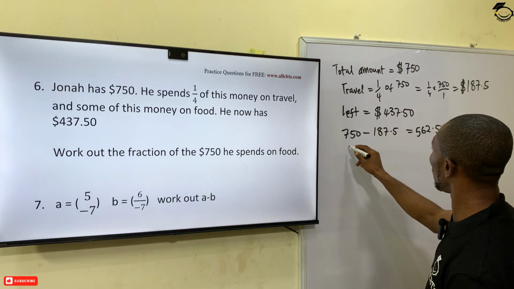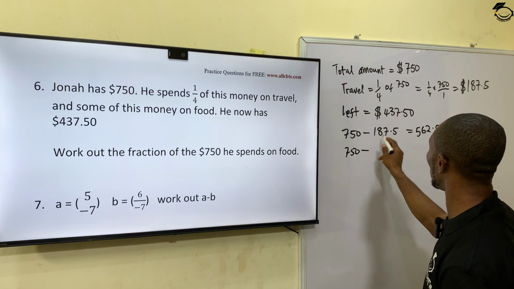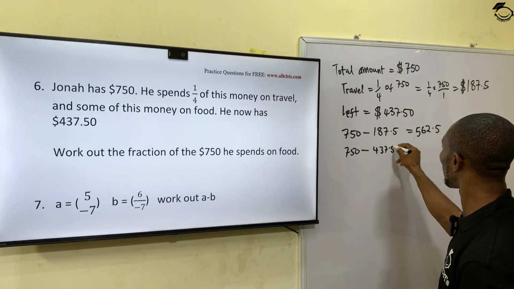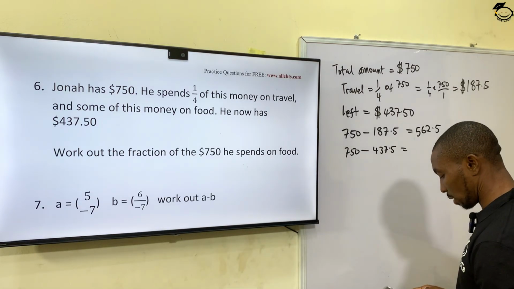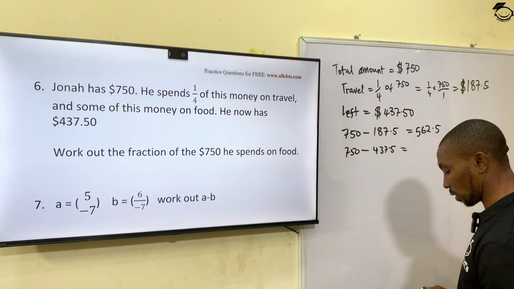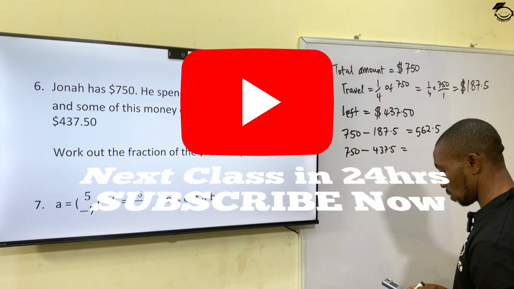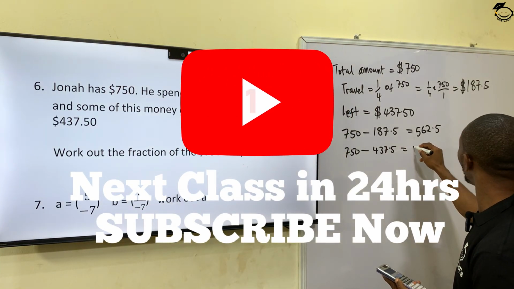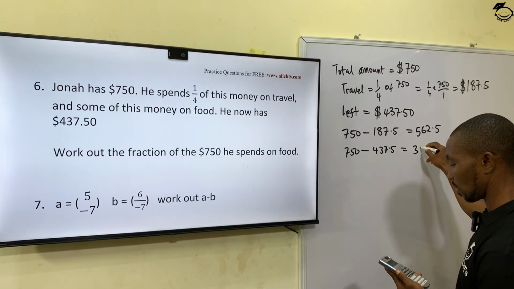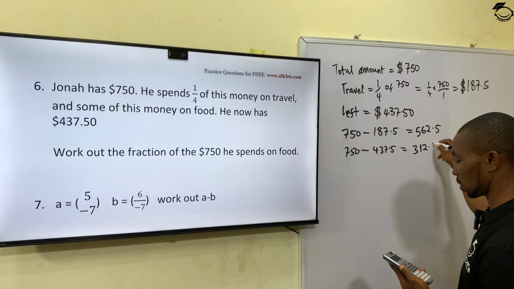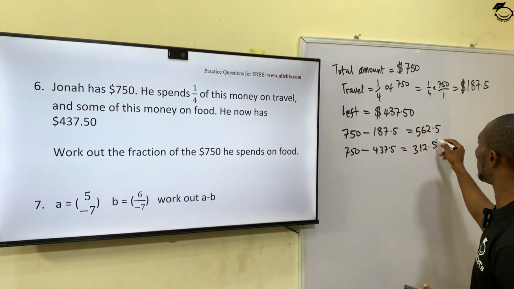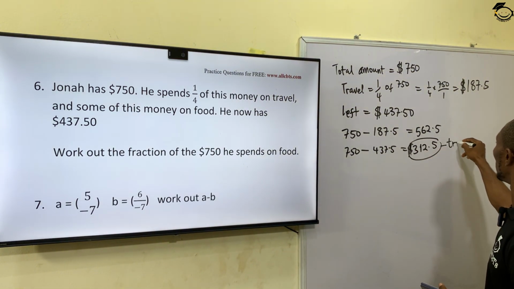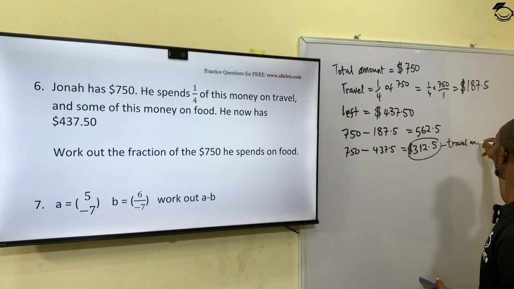Okay, so we are having 750 minus what is left, 437.5. Okay, 750 minus 437.5 would be 312.5. Okay, that means he spent this on travel and food.